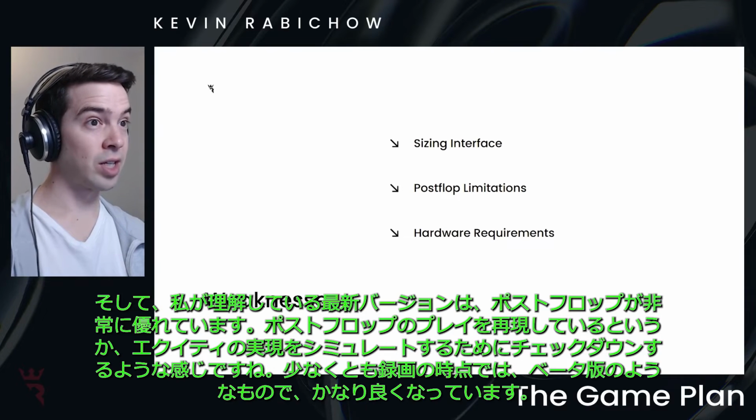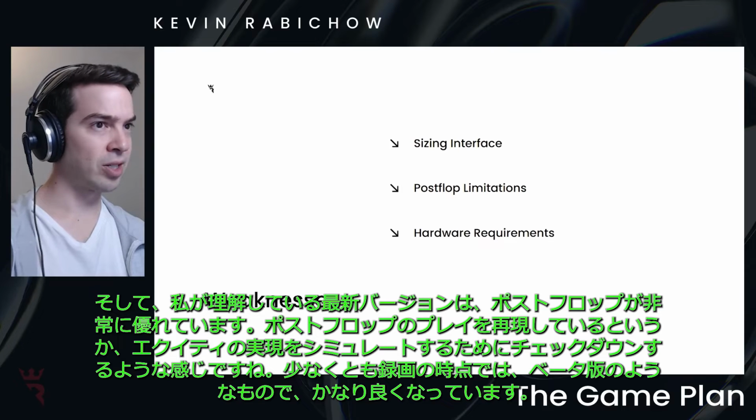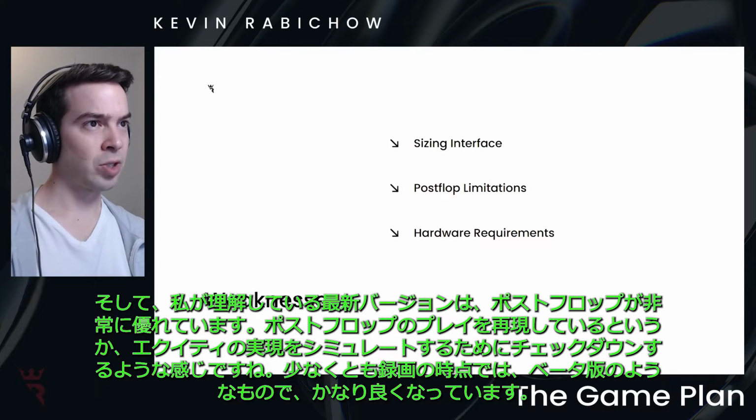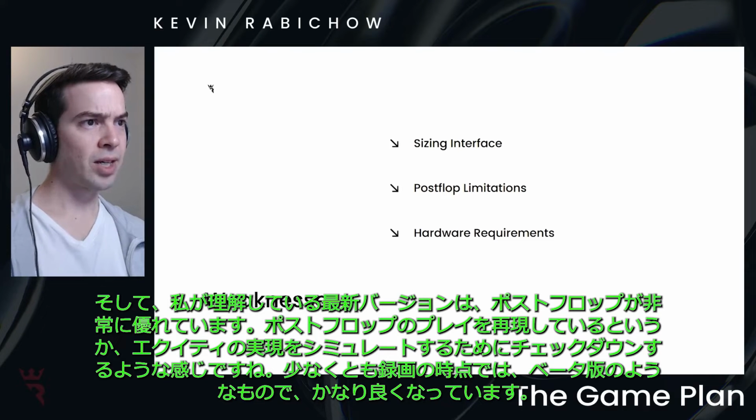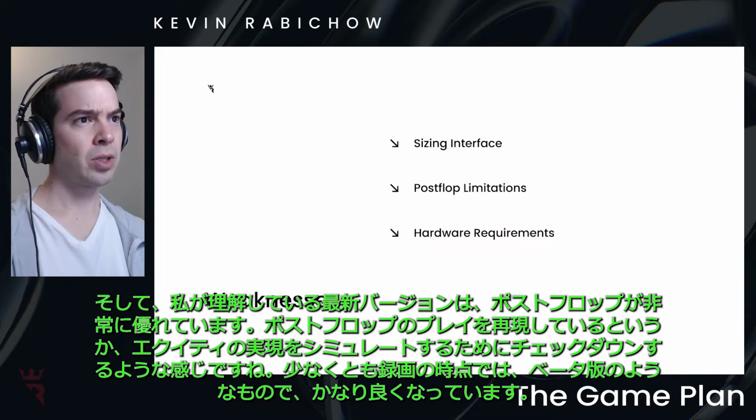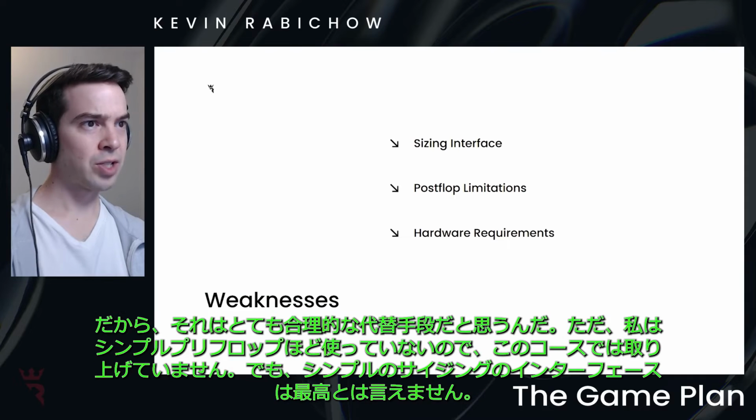And the newest version, as I understand it, has very good post-flop, what do you call it, replication of post-flop play, rather than like check down to simulate realization of equity. They've gotten a lot better in the 2.0 beta version, at least at the time of recording. So I do think that that's a very reasonable alternative.